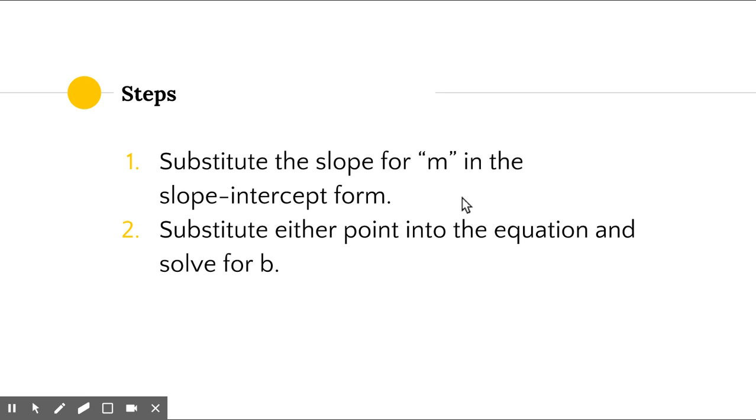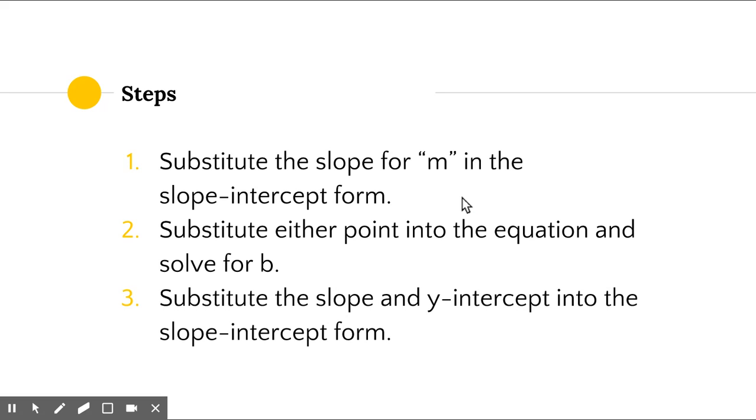This time you're not given the y-intercept, but you are given a point. You substitute that point into x and y and solve for b to get your y-intercept. Finally, you take your slope and y-intercept and put them into slope-intercept form, just like we did in the last lesson. So make sure you have this written down, and I think these steps will make a lot more sense as we start going through it.